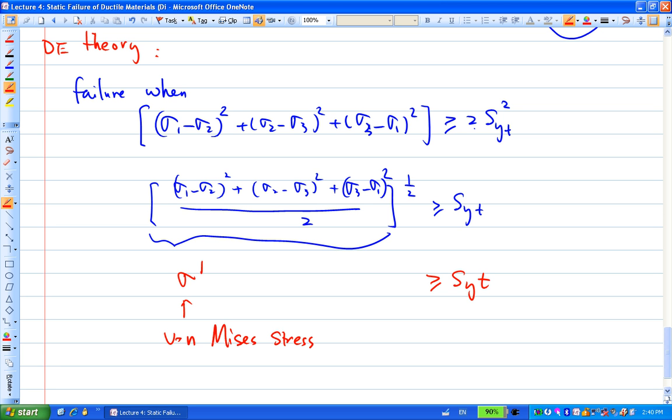If you do any stress analysis using any CAD software, most probably you will have the DE theory, and one of the plots it gives you is this von Mises stress. It shows you the distribution of the von Mises stress across different locations of a part.